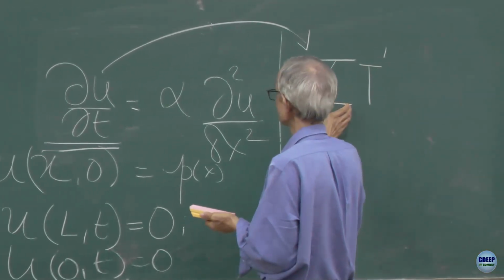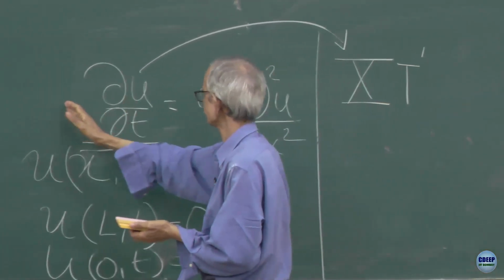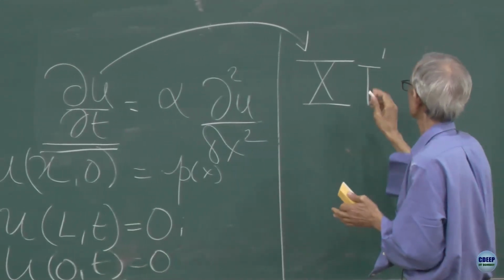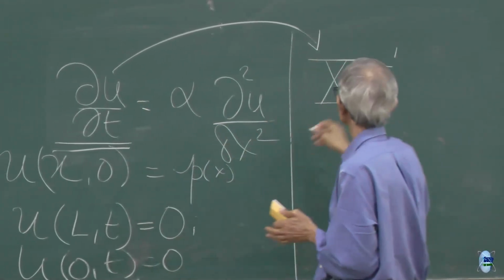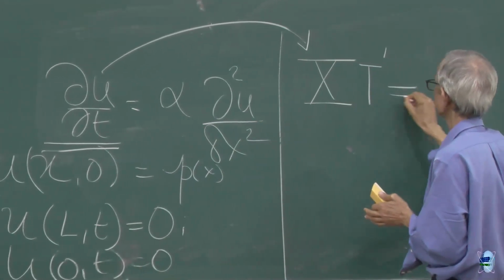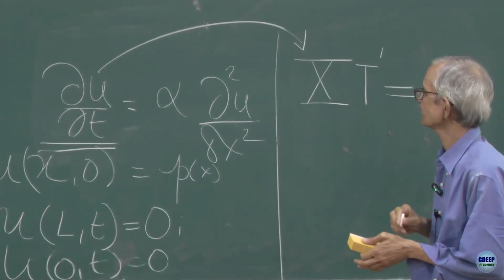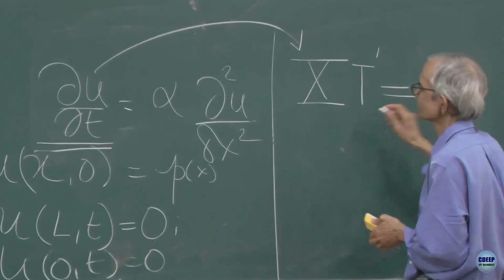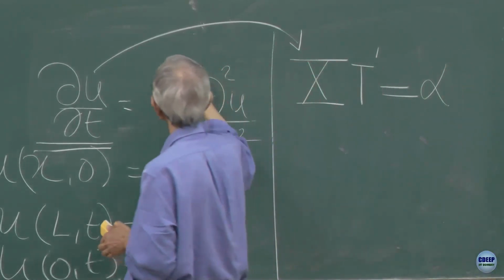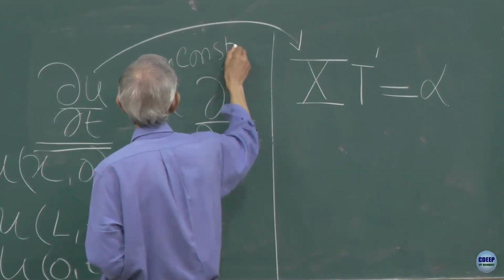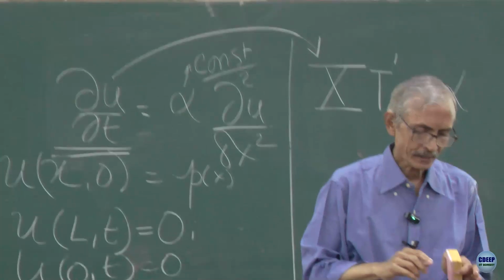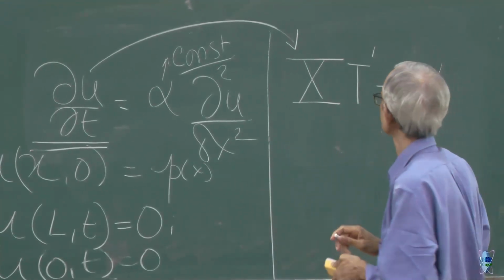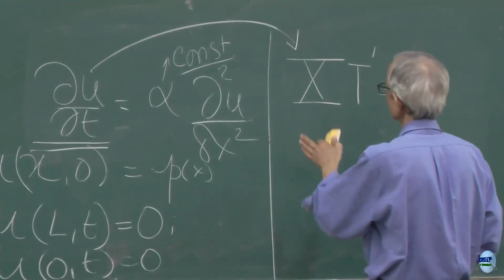So if X is a function of x only, it can come out of here, and because this variable T is a function of little t only, so this becomes a total derivative. So this guy is equal to alpha. Alpha is some constant. As of now, what that constant physically means, we don't want to worry about. Alpha is some constant, and we'll just drag it along. So alpha del square u del x square.